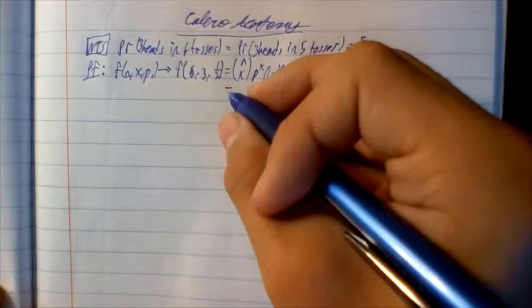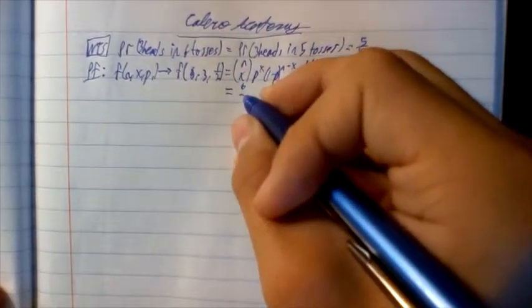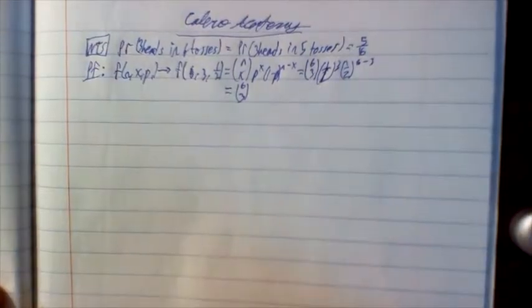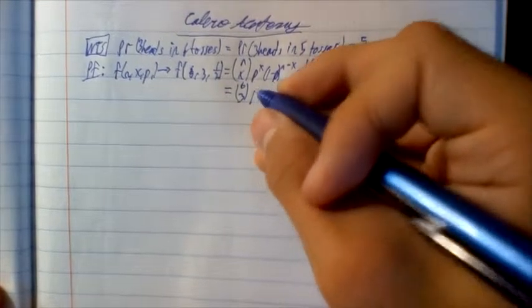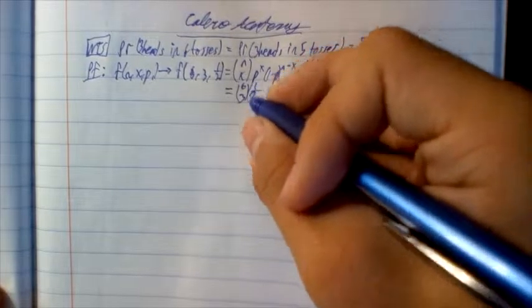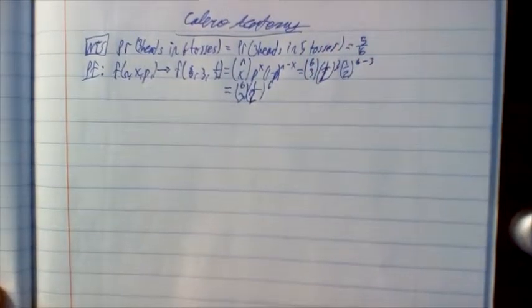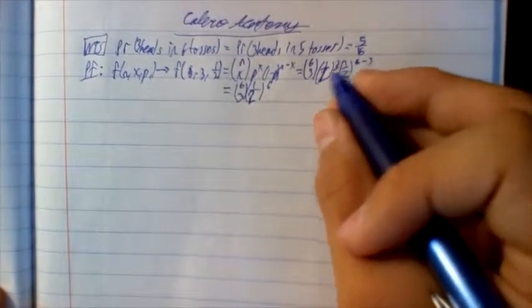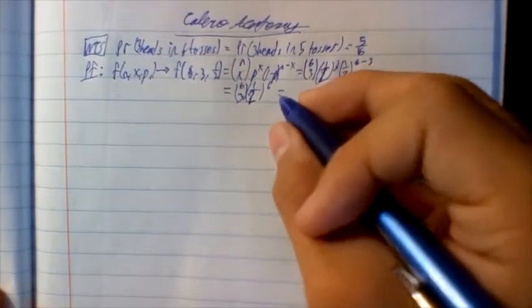Or simplifying, going to the next line, 6 choose 3 times 1/2 to the power of 6. Okay, we're driving towards 5/16, so let's expand the 6 choose 3.